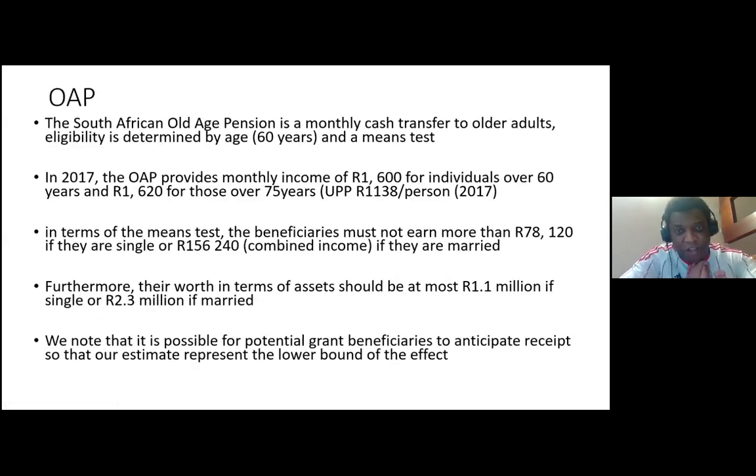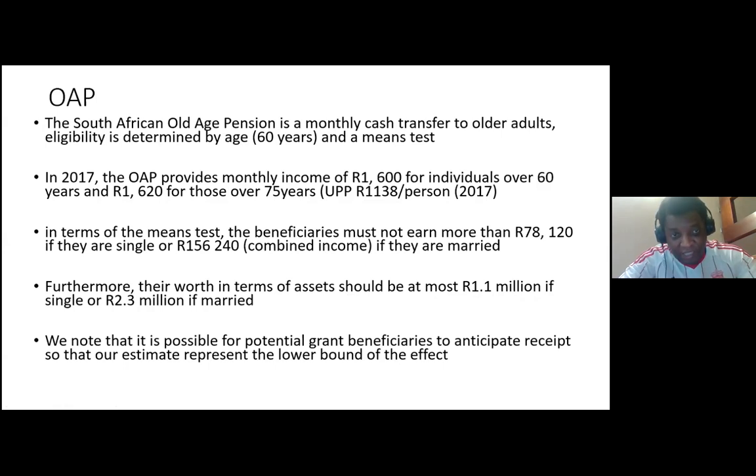So a bit of introduction on the old age pension. The South African old age pension is a monthly income transfer, and eligibility is based on age and a means test. For age, the threshold is 60 years. So people that are 60 years and above are qualified to apply for the old age pension.